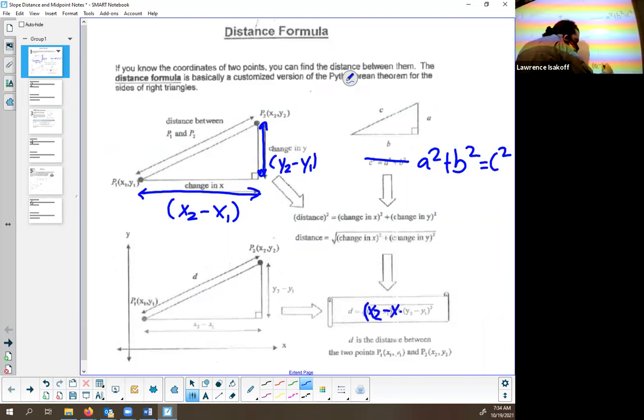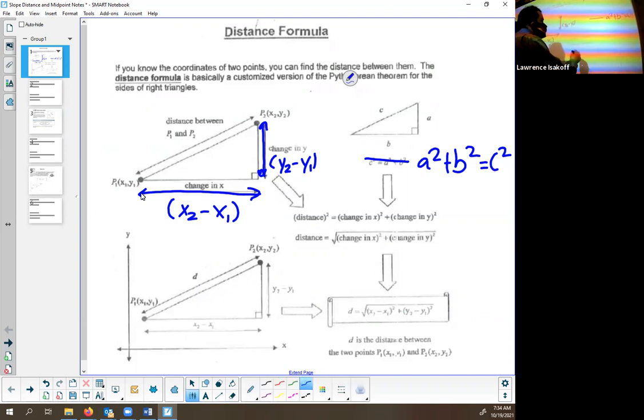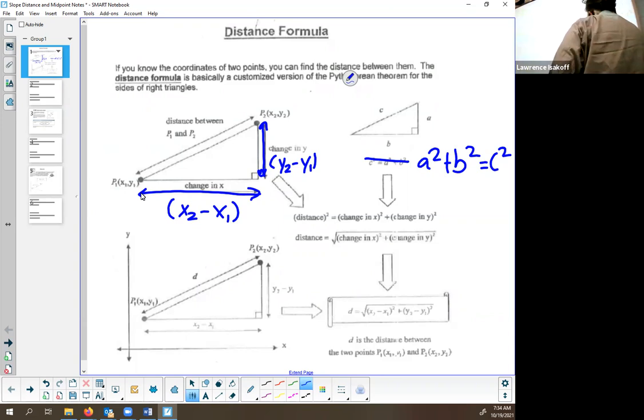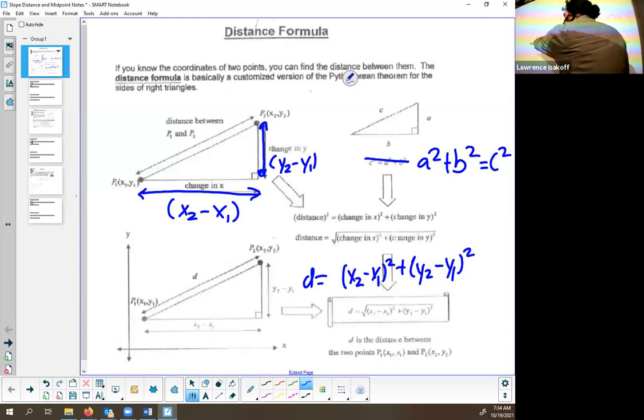Distance is equal to, going to start with x2 minus x1 squared plus y2 minus y1 squared.